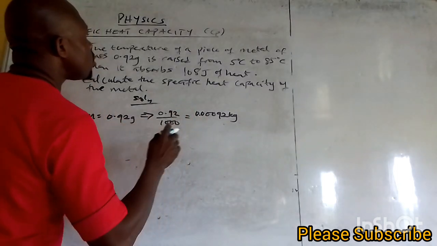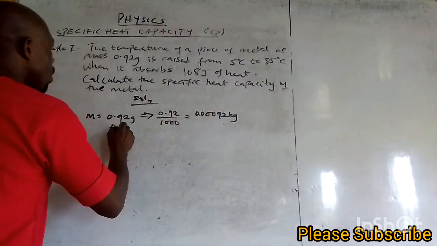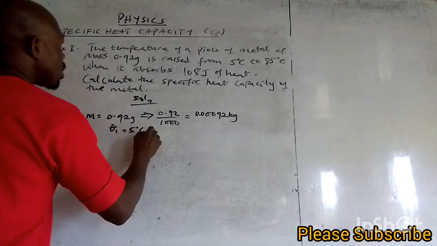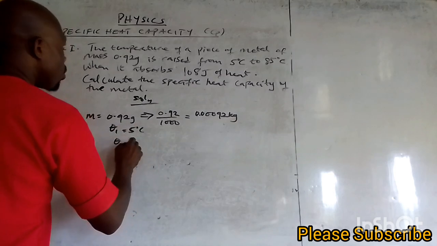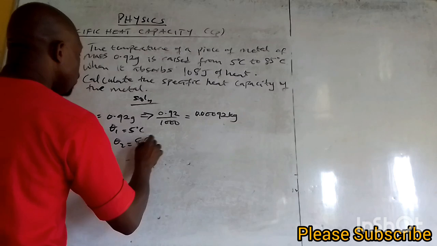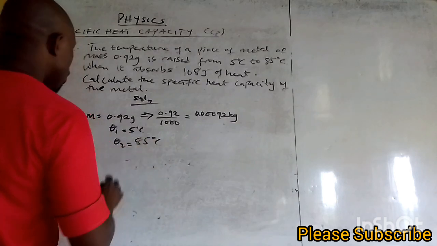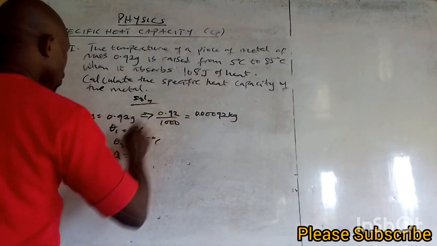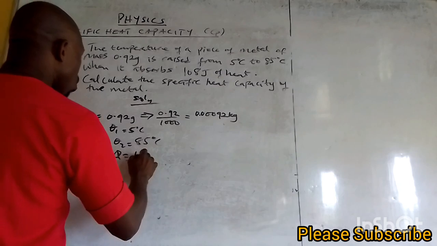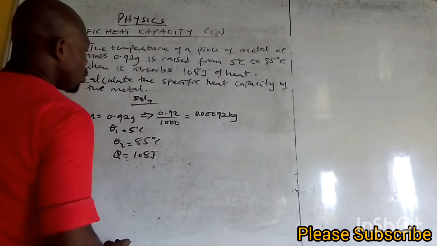Now it's raised from the initial temperature, theta 1 is 5 degrees Celsius, while the final temperature there is 85 degrees Celsius. Quantity of heat absorbed in the process is 108 joules.